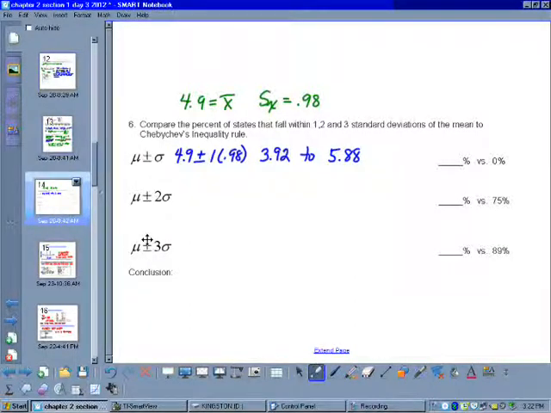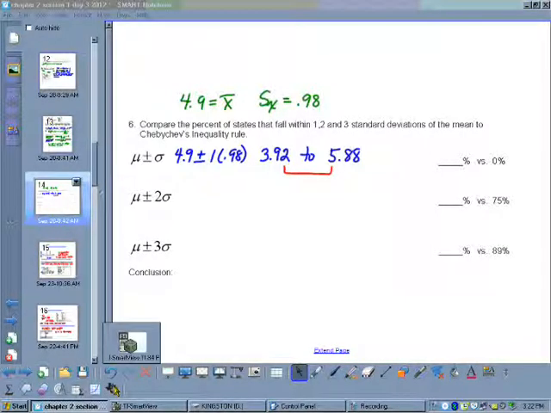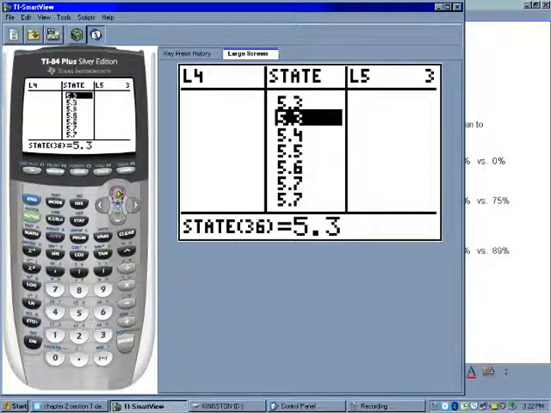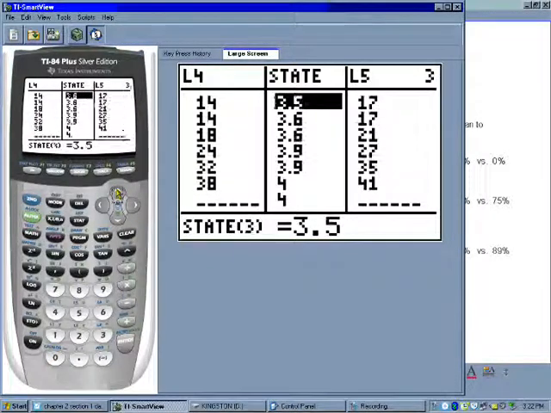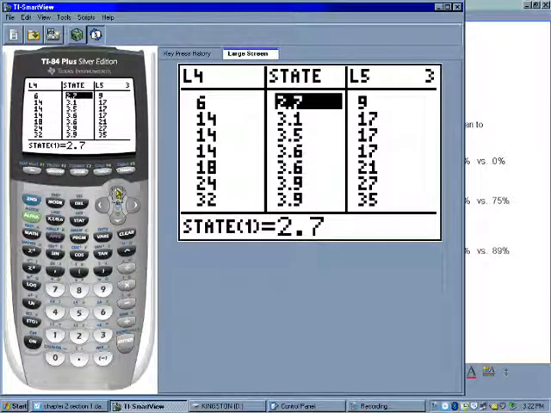I need to make sure I'm in bounds, and you'll see what I mean by that when we take a look at our data set. I want to find out where 3.92 is. All right, I'm at the beginning of my data set. 2.7 is outside. It's below 3.92.